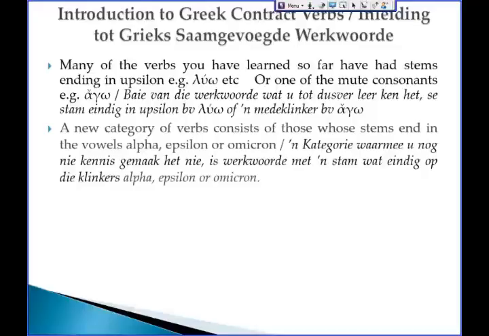What does it mean? I love. Look at the ending of the stem. It ends in alpha. Another example could be the word zao, and then also the word zeteo. What does it mean?